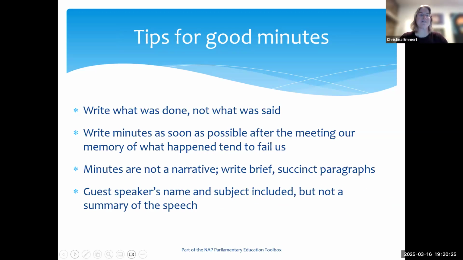So as I said a couple slides ago, for tips for some good minutes, we write what was done, not what was said. We don't have to get into the whole conversation around a motion. And again, I do know there are some organizations that do verbatim type things, but for most regular organizations, we're not going to put what every member said about a motion, because really the minutes are about business.